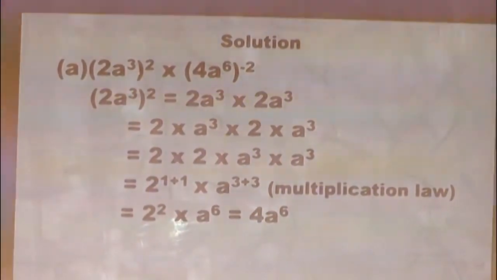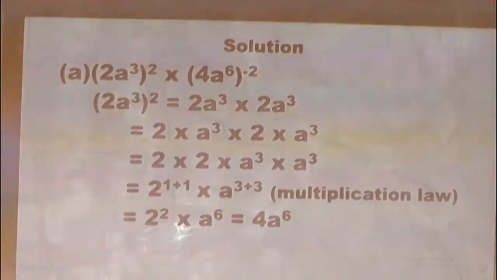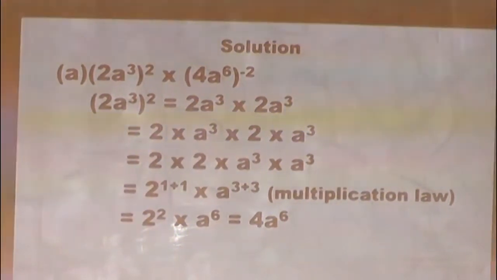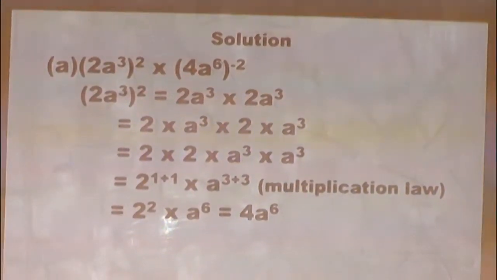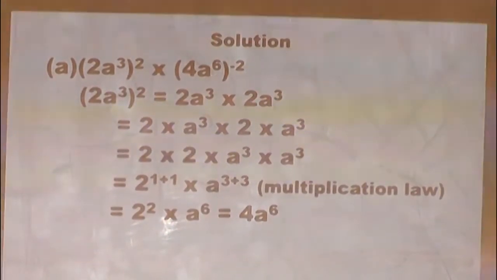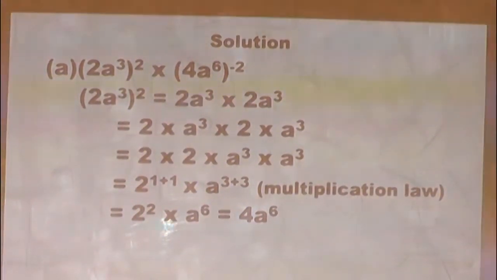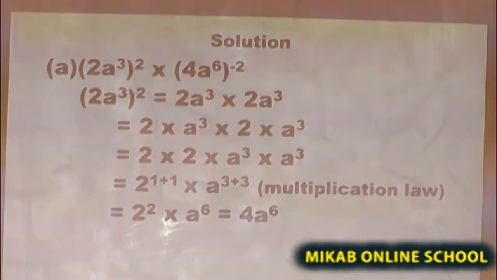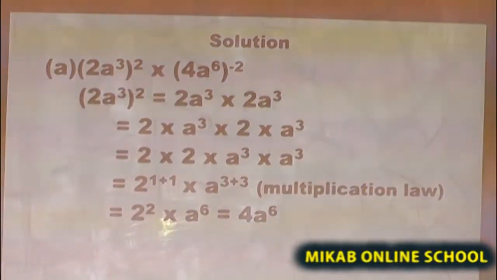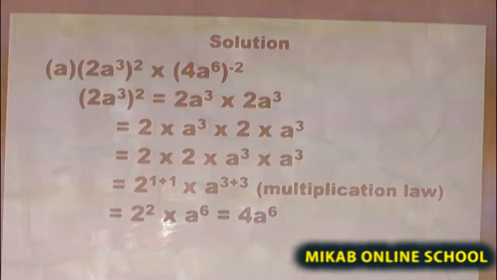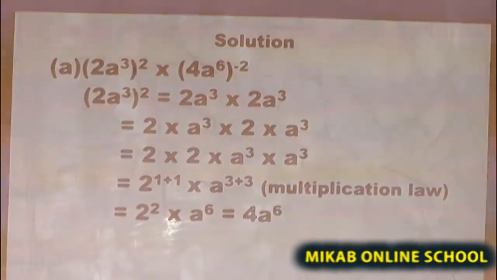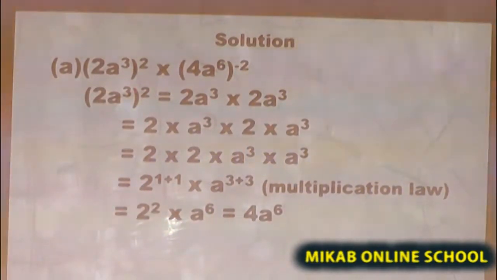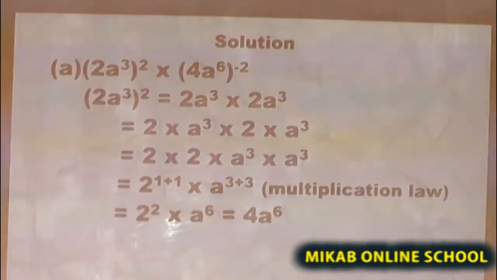So the other expression within the first question, which is 4a raised to the power of 6, open bracket close bracket, all raised to the power of minus 2, can also be expressed in this format, as we did to this 2a raised to the power of 3, open and close bracket, all raised to the power of 2.